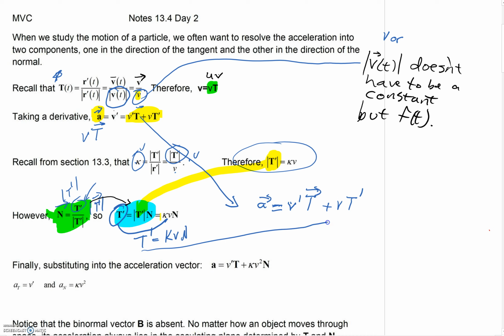So we can substitute that in, and we have our v prime T, but here we have v times kappa v N. And of course, that's going to become kappa v squared times vector N. That's what we've got right here. So this is our acceleration vector broken into a combination of two different vectors. We're breaking it into components of a tangent vector and a normal vector.